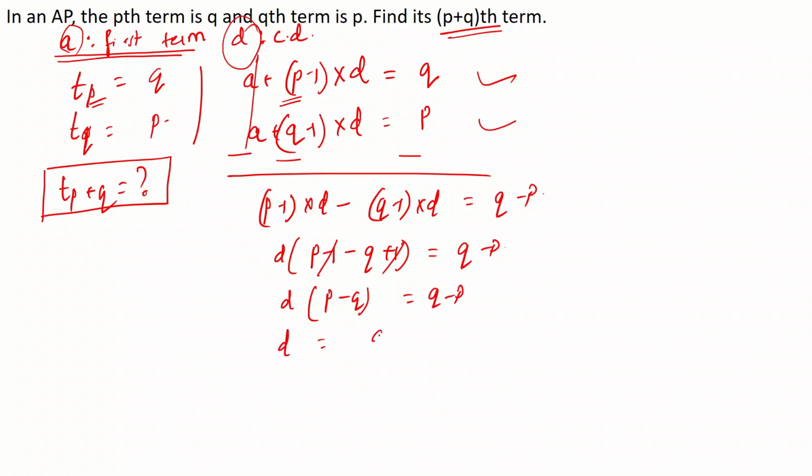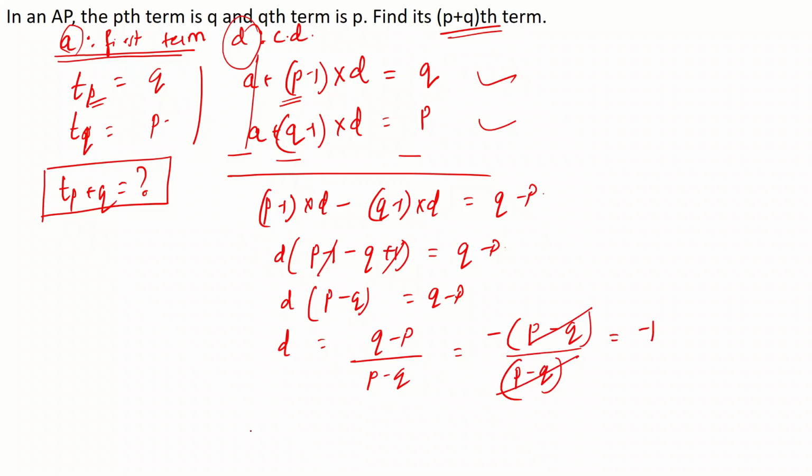So d is equal to q minus p divided by p minus q. I can take minus common in the numerator and shuffle the places. q minus p becomes p minus q divided by p minus q, and now these two cancel out to give me minus 1. So I get the value of d is equal to minus 1.